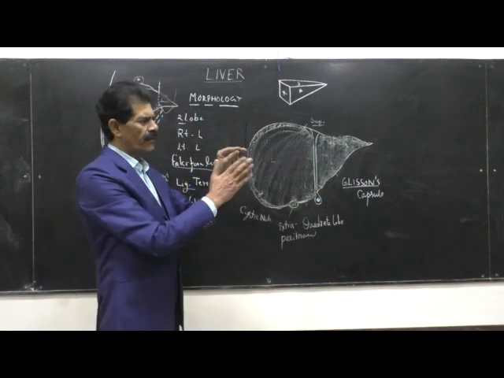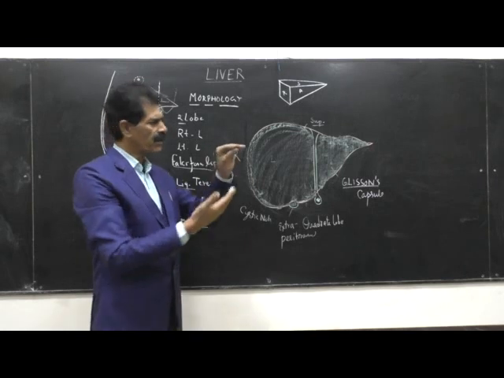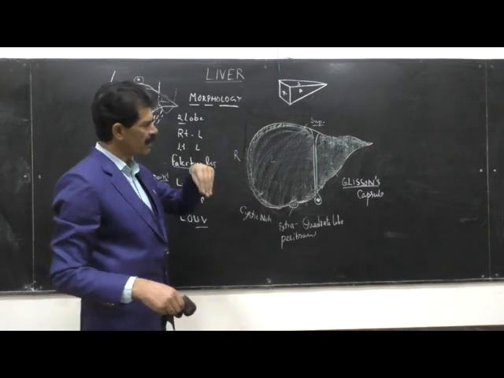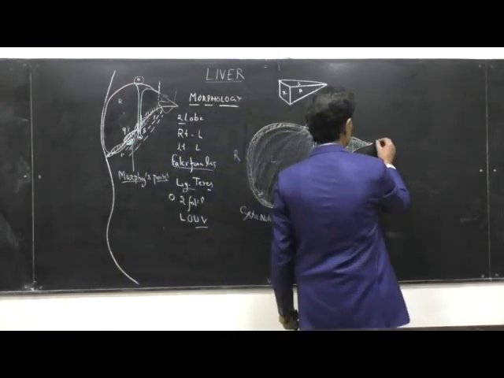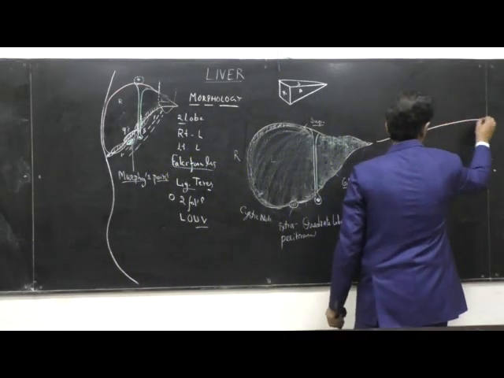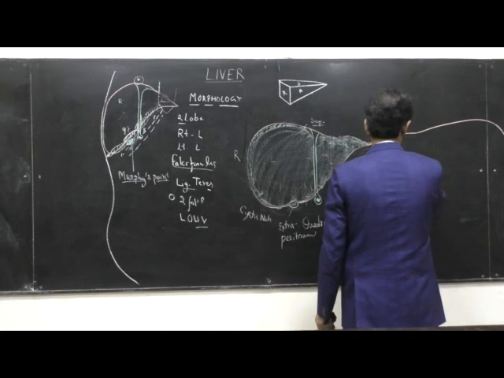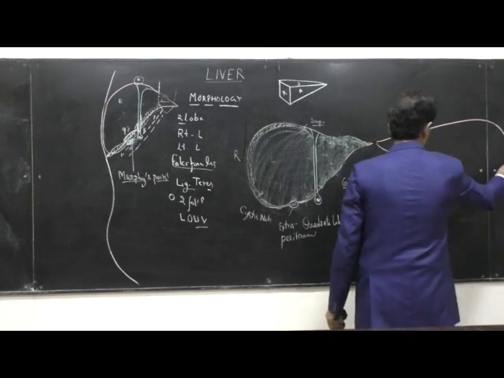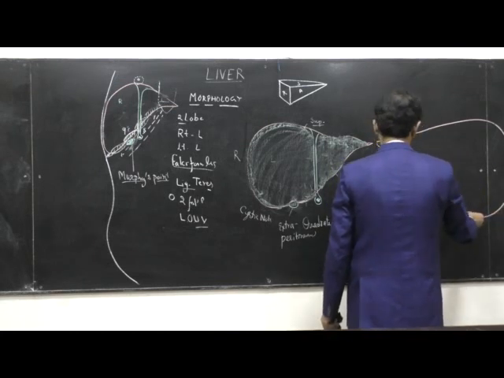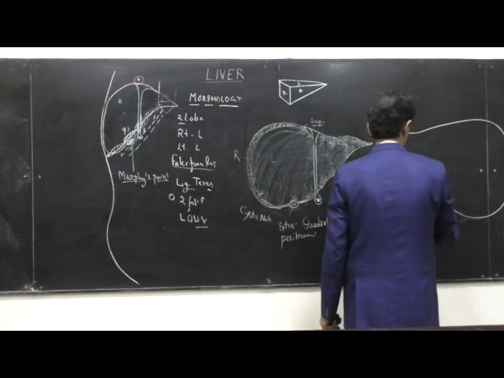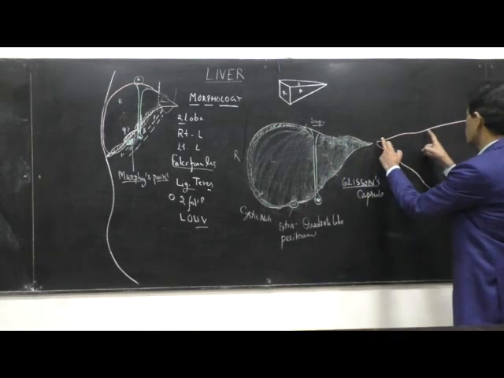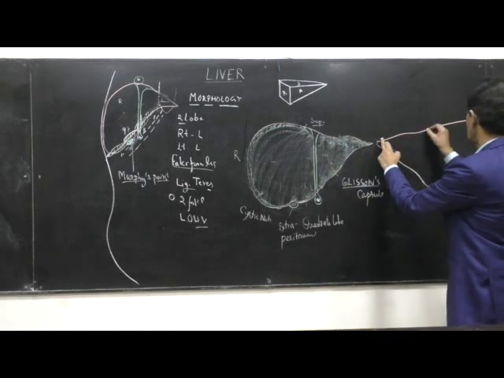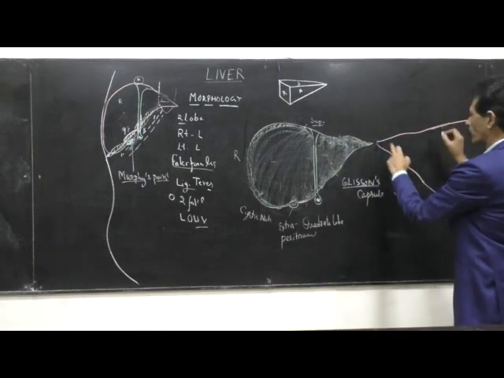Now, if we want to see the back side, the posterior surface of the liver, we just reverse it. So now we are on the back side of the liver and we are seeing the back of the liver. This is the left surface, so this is the left somewhere here, and this is the right surface.